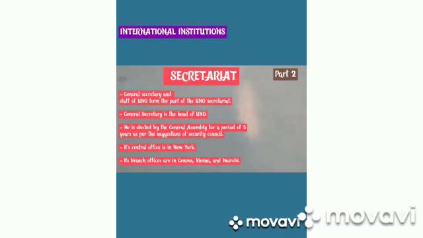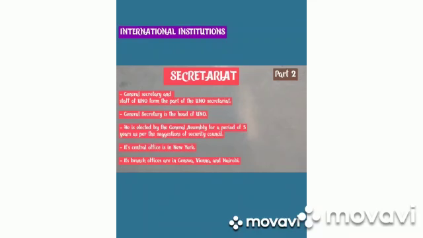Now moving to the last body of the UN, that is the Secretariat. The Secretary General and staff of the United Nations Organization form the UN Secretariat. The Secretary General is the head of the UNO and is elected by the General Assembly for a period of 5 years as per the suggestion of the Security Council.